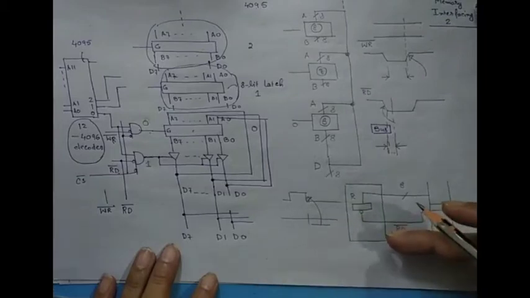So when read bar will go from logic 1 to logic 0, that will cause the external memory location to output its contents on data lines, and when it will make transition from logic 0 to logic 1, that will cause the internal register to accept data into it. That means the data will be stored inside it.